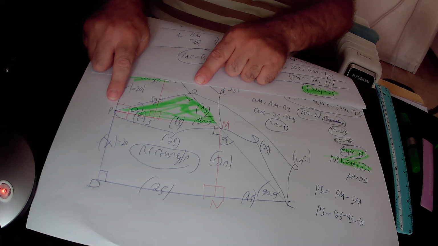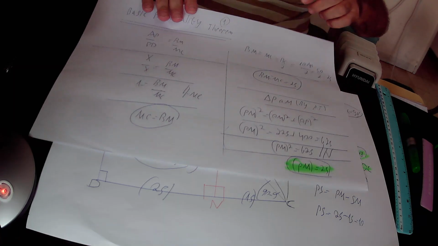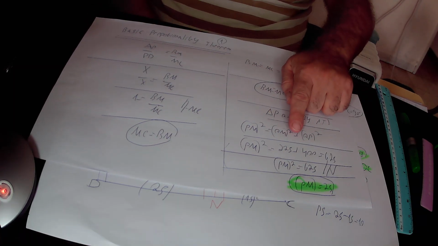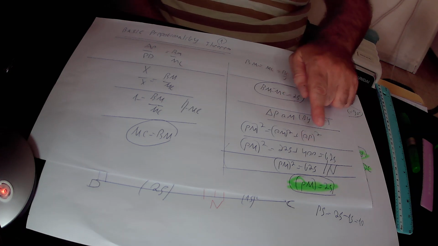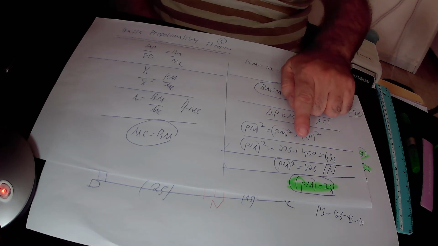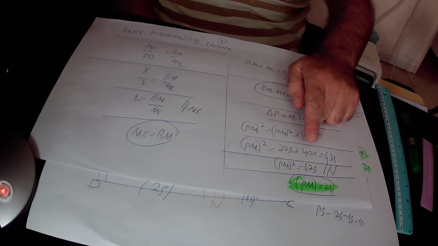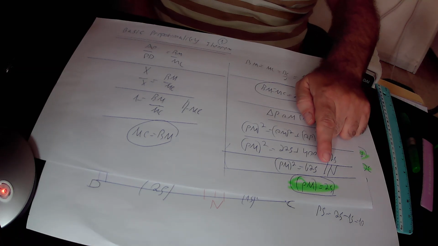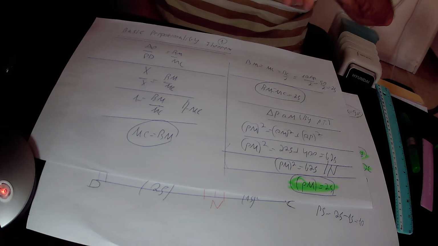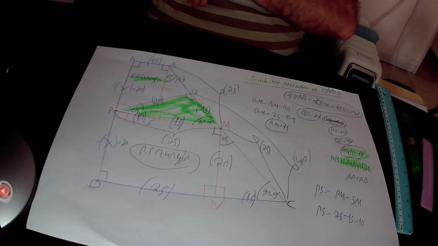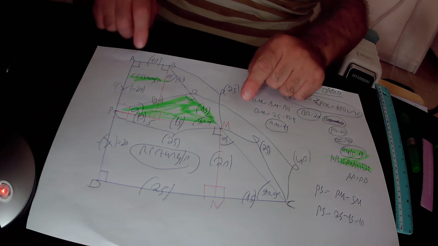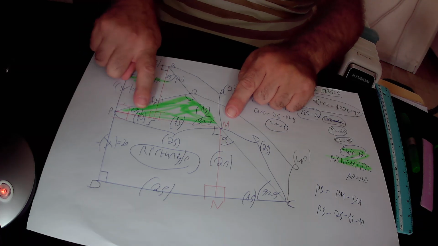PQ is 20, therefore PQ squared is 20 squared, that is 400. So PM squared equals 225 plus 400, that is 625. We take the root of this equation and find that PM equals the square root of 625, that is 25. So the length of the hypotenuse PM of the green right triangle PQM is 25 units.